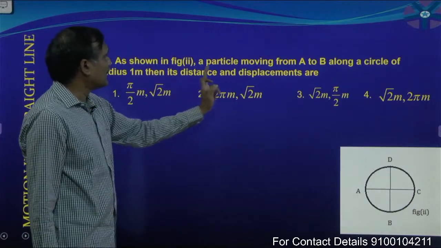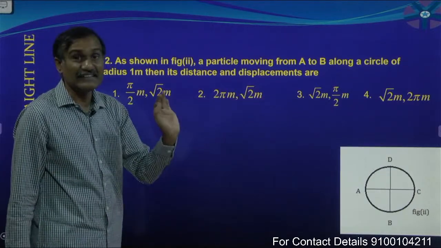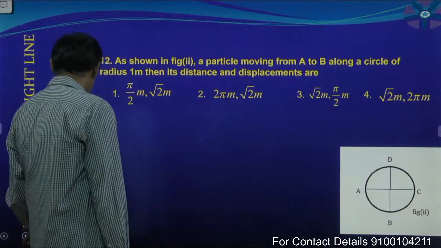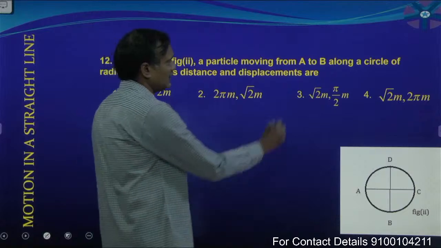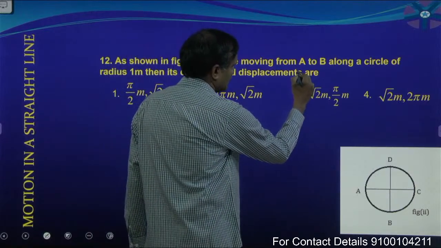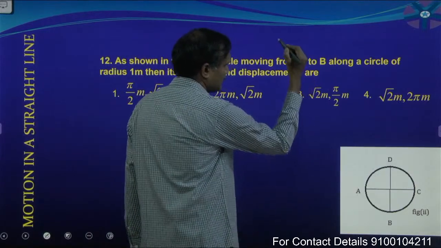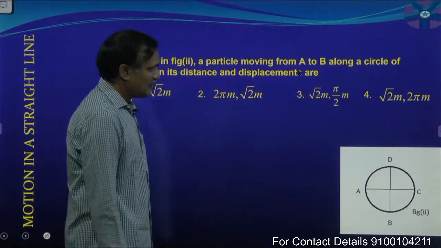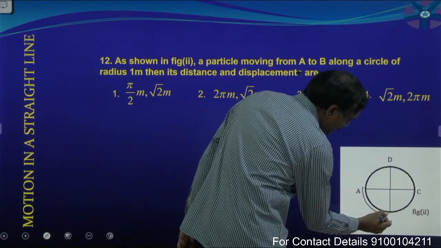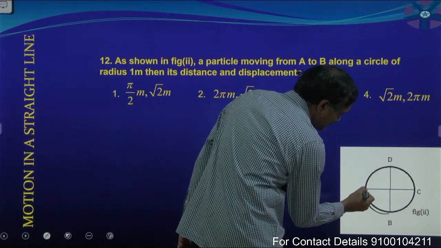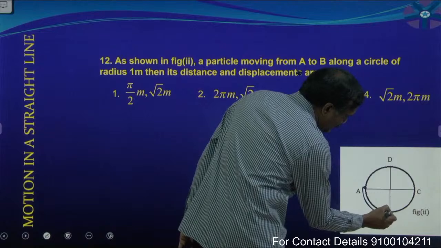Now we want to find out its distance and displacement. Remember that, distance and displacement we are going to calculate. From where to where does it want to travel? From A to B only.